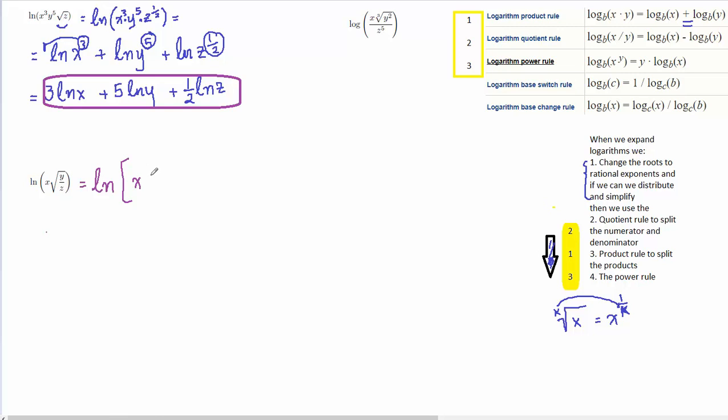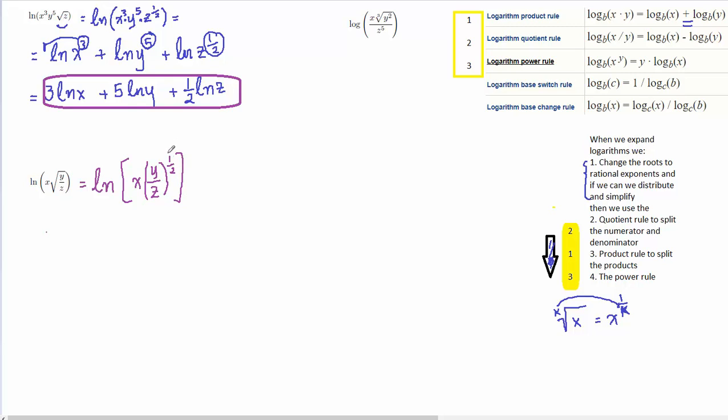It doesn't change anything to my argument. Now I have the square root applied to a fraction, so I need to change it to y over z, with the entire fraction to the 1/2.